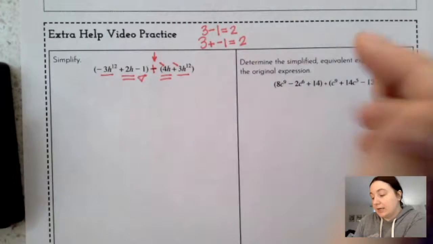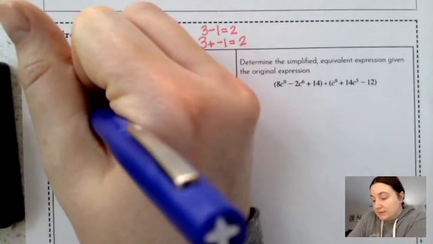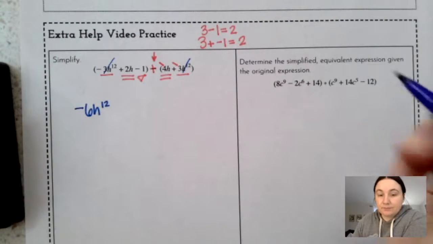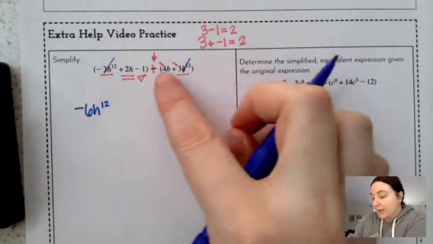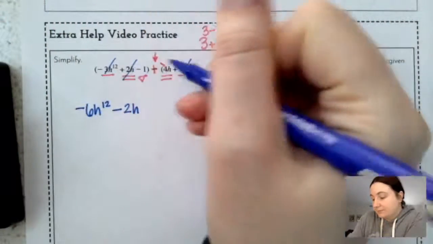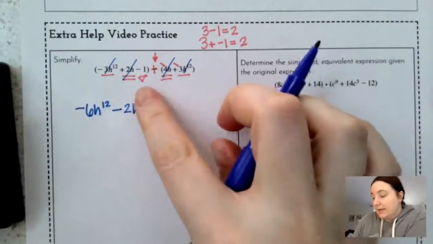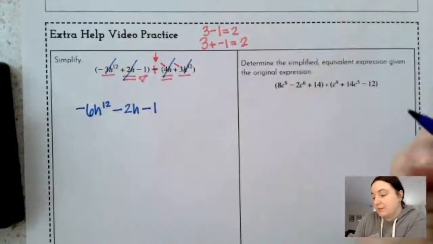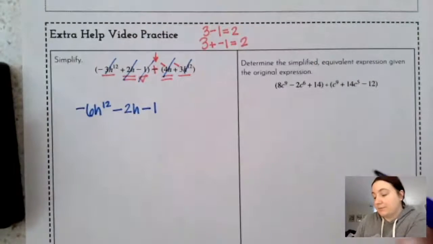Negative 3 and negative 3 give me negative 6h to the 12th. I like to cross them off as I go so I don't miss anything. Then 2h plus negative 4h is negative 2h. And our constant doesn't have any friends. That's okay. We just pull it down by itself and cross it out.